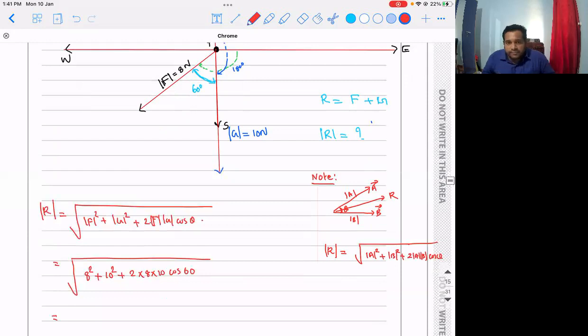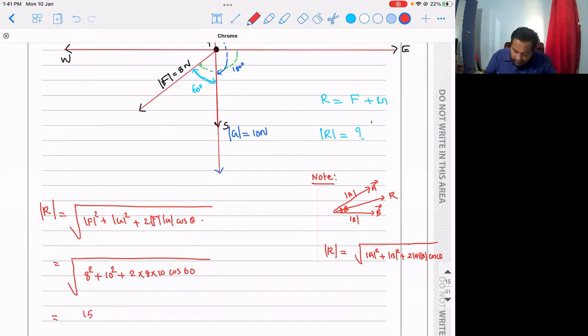So please calculate this value. What is the answer? Substitute these values in your calculator and find it. I'm also inputting these values: 8 square plus 10 square plus 2 times 8 times 10 times cos 60, and take the root of that.